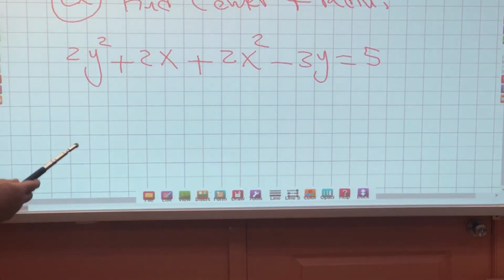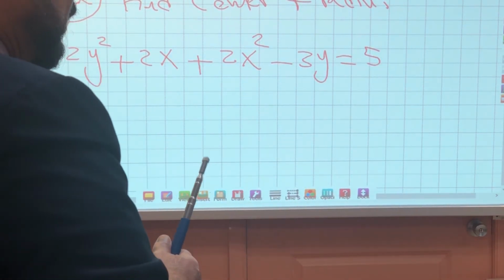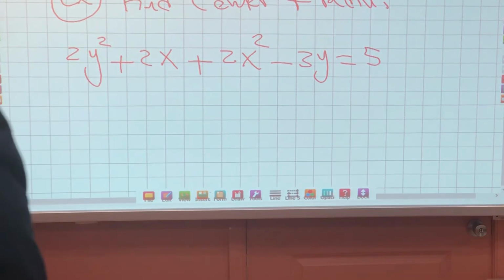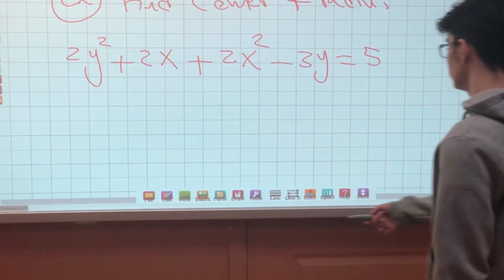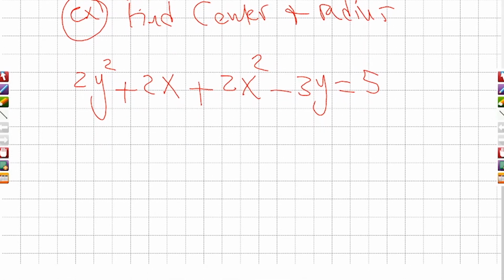Find the center. You have to write this equation in standard form, right? Use a different color from the bottom. Dark green. Now write it: 2x squared plus 2y squared. I'm timing you.